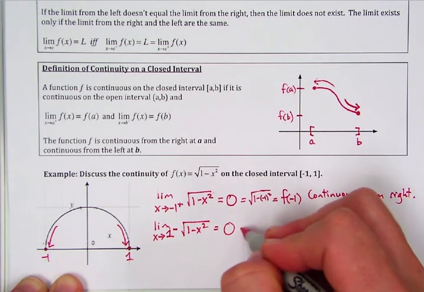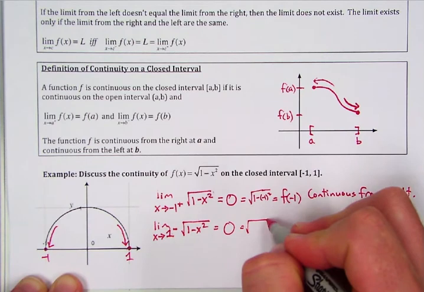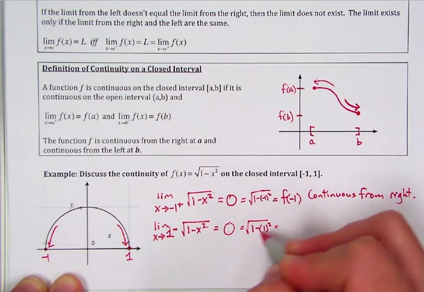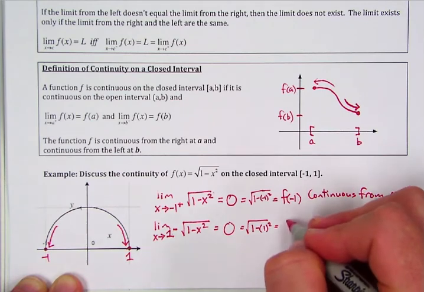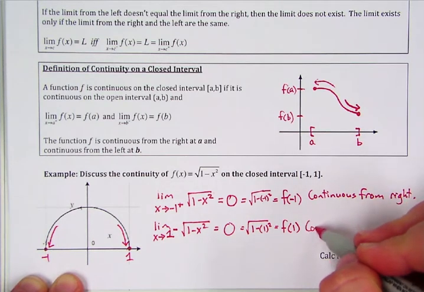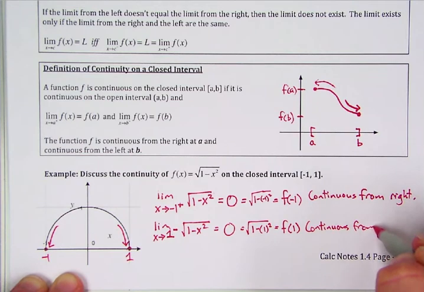And now we're going to check if we can use direct substitution. Square root of 1 minus 1 squared does equal 0. So because we can use direct substitution there, this is continuous from the left.